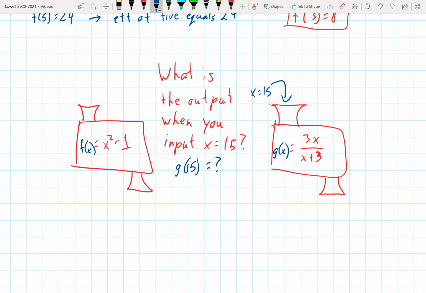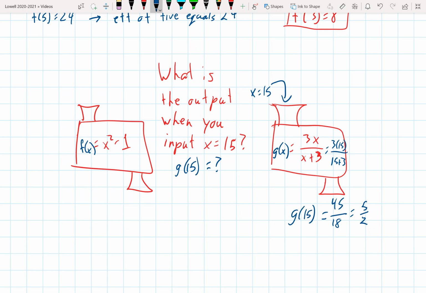And out comes whatever this is, 3 times 15 over 15 plus 3. Right? I think that would be 45 over 18, which would come out to, if I divide top and bottom by 9, I'll get 5 halves. Alrighty. And so that would be g of 15.